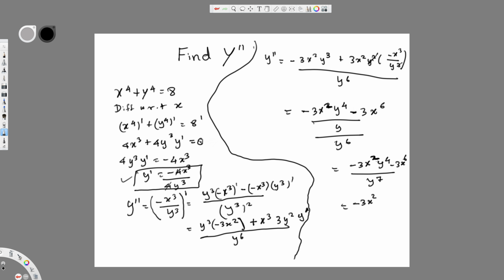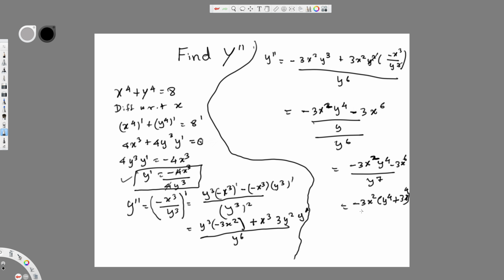So if I take minus 3x square common, it's going to be y to the power of 4 and, since I took the minus outside, it's going to be plus x to the power of 4.